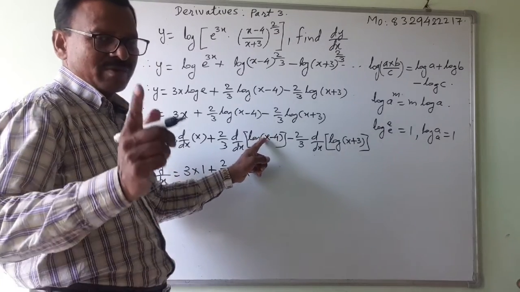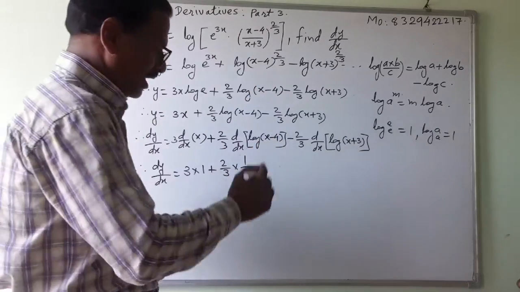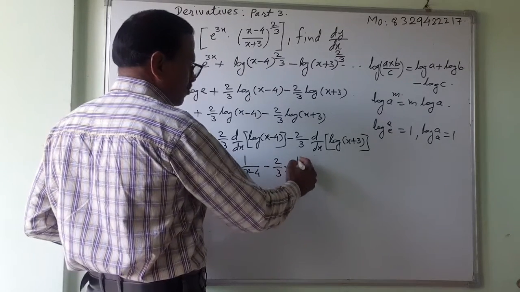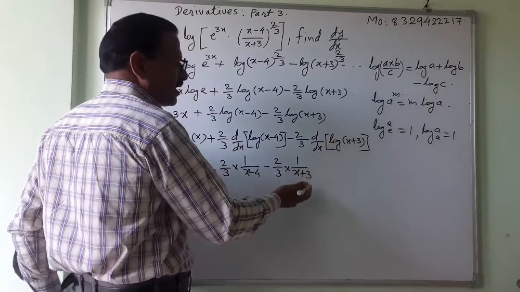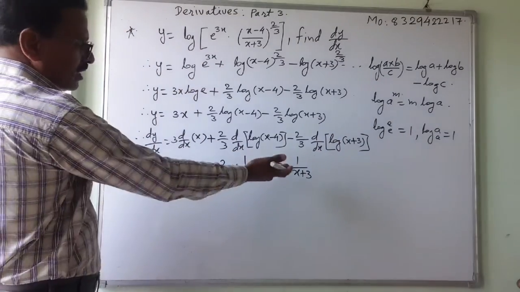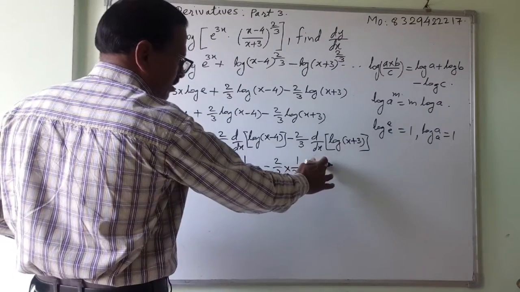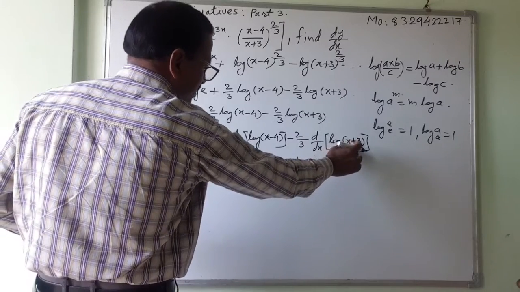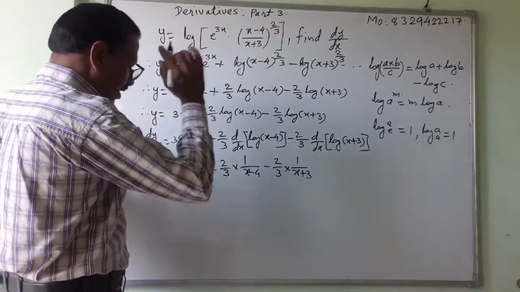The derivative of x is 1 and of minus 4 is 0, that means into 1, so that's why I am not writing it. Minus 2 upon 3 into 1 upon (x plus 3). Here also the derivative of log is 1 upon (x plus 3), and the derivative of (x plus 3) is 1, so into 1. That's why I have not written that one.